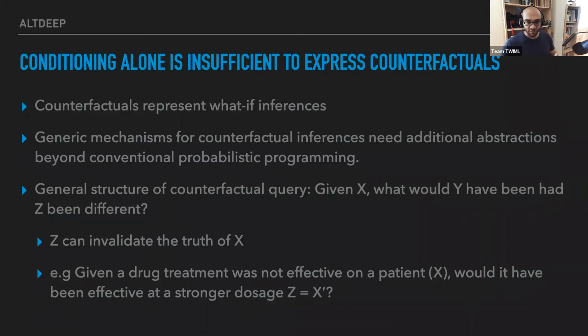Those two things are in conflict, right? So I need something beyond conditioning. If I say condition on 200 milligrams and do an intervention on 300 milligrams, the conditioning statement and the intervention statement are also in conflict. So that's what Z can invalidate the truth of X means.